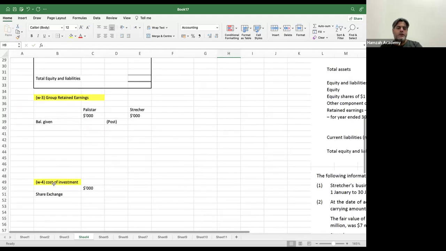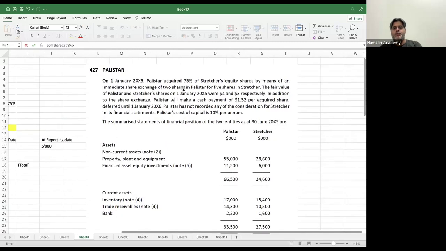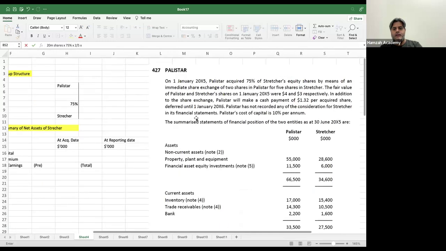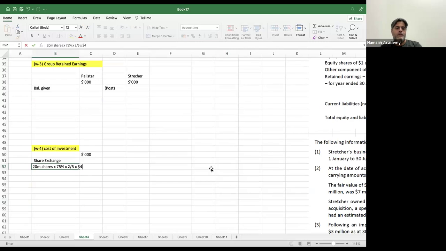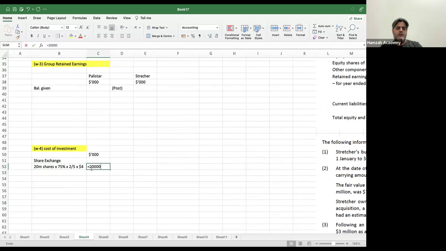So we are going to have 20 million shares multiplied by 75%, into 2 shares in Plester for 5. So it's 2 by 5 multiplied by the share price of Plester, which is $4. Right? So this will be 75% into 2 by 5 into 4. So 24,000 is going to be over here.